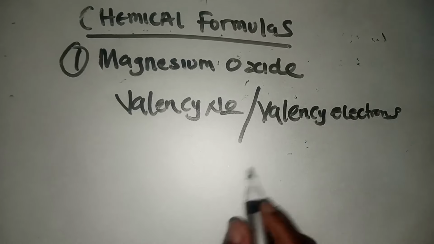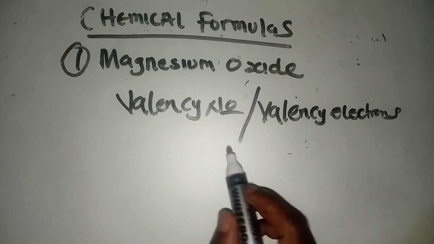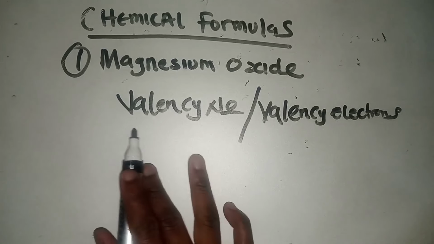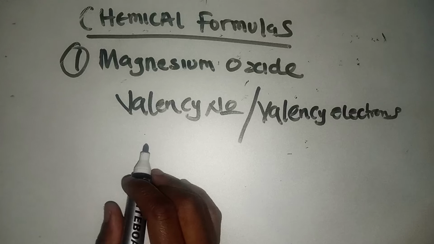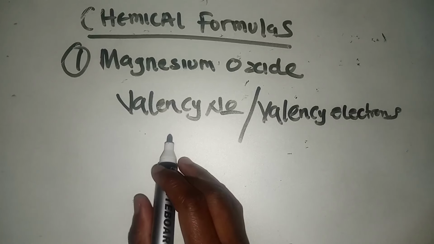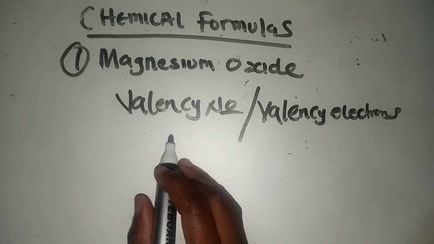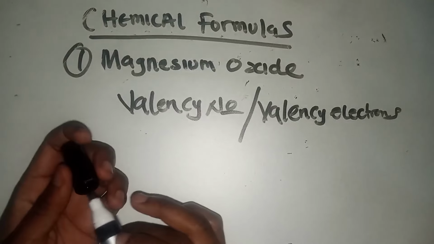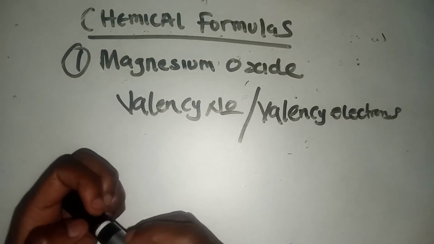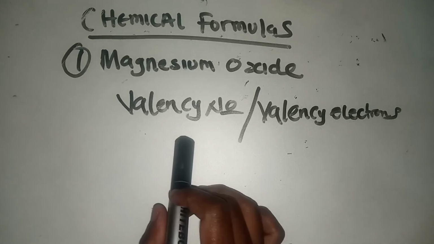If someone asks you the difference between them, in a nutshell, valence number simply means the number of electrons an element will either lose or gain.